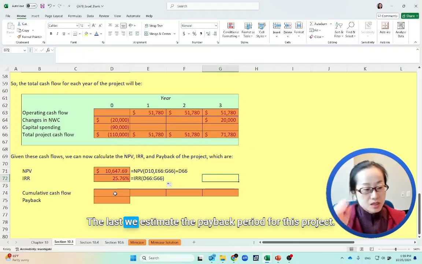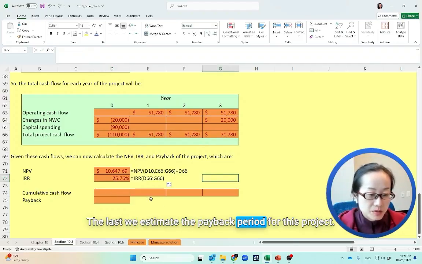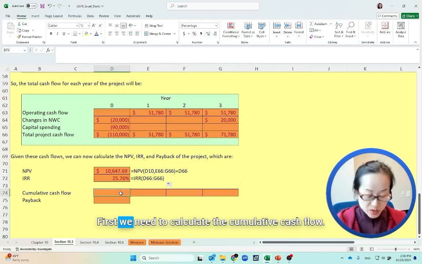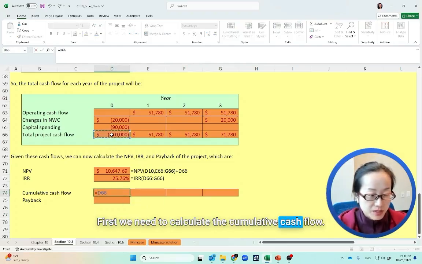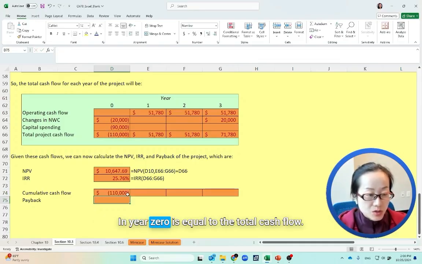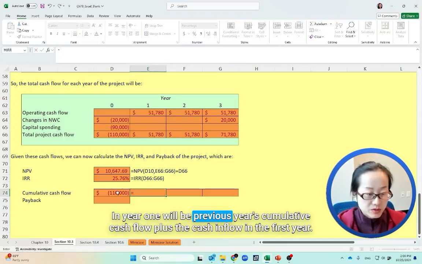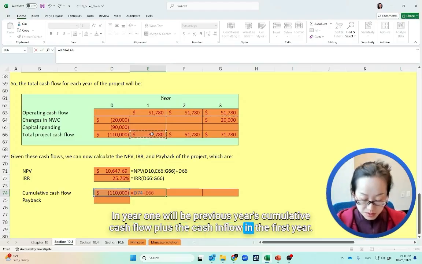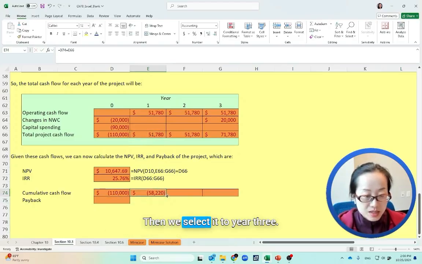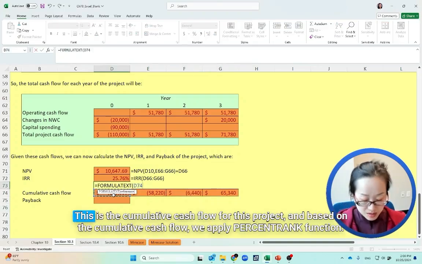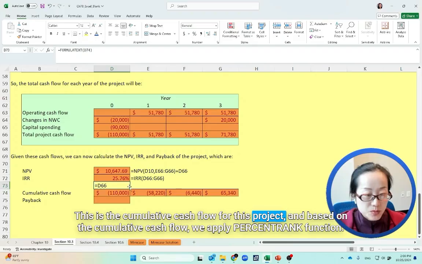Last, we estimate the payback period for this project. First, we need to calculate the cumulative cash flow. In year 0 it is equal to the total cash flow. In year 1 it will be the previous year's cumulative cash flow plus the cash inflow in the first year. Then we select it to year 3. This is the cumulative cash flow for this project.